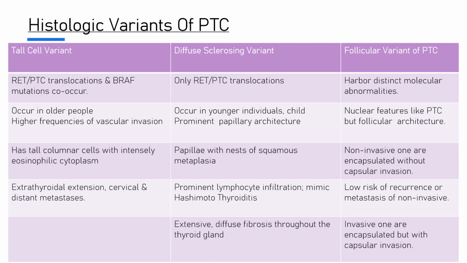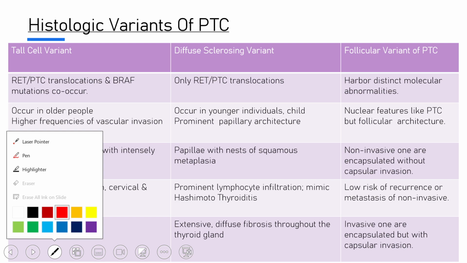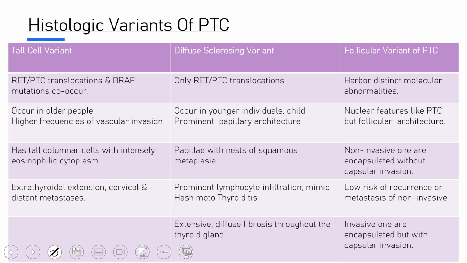We can see three variants: tall cell variant, diffuse sclerosing variant and follicular variant of papillary thyroid carcinoma. First, we go to the pathogenesis. We see what gene mutations or molecular abnormalities can be appreciated in these variants of PTC.